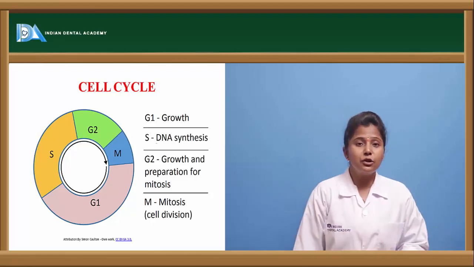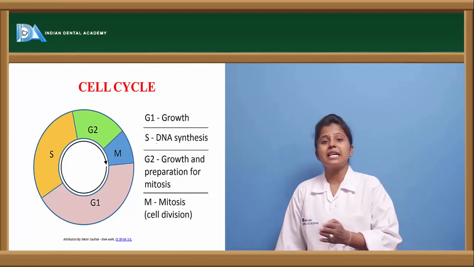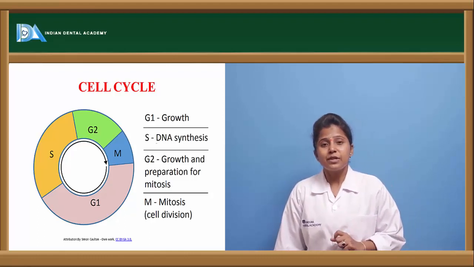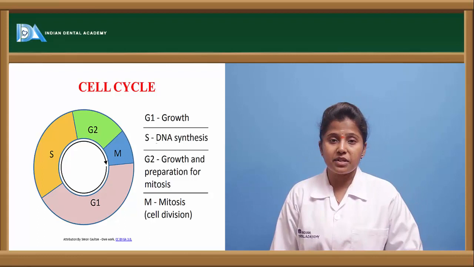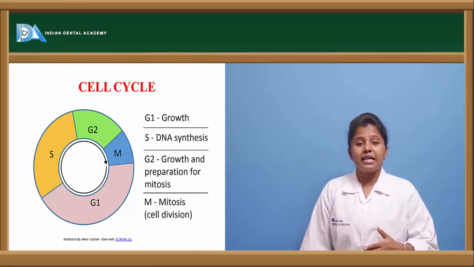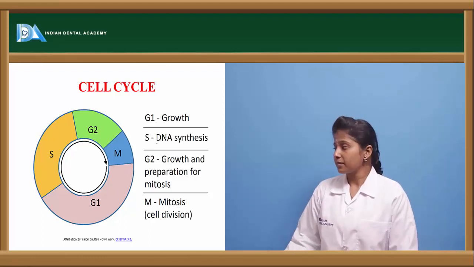The G2 phase is the time gap between DNA synthesis and the process of undergoing mitosis. The S phase is the synthesis phase, where the actual synthesis of DNA takes place. Initially the cell has to synthesize the DNA, and that DNA replicates to form new DNA.